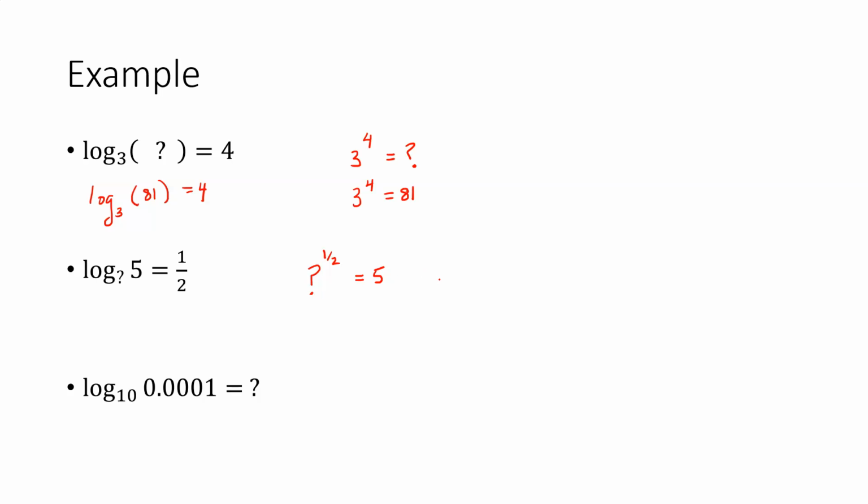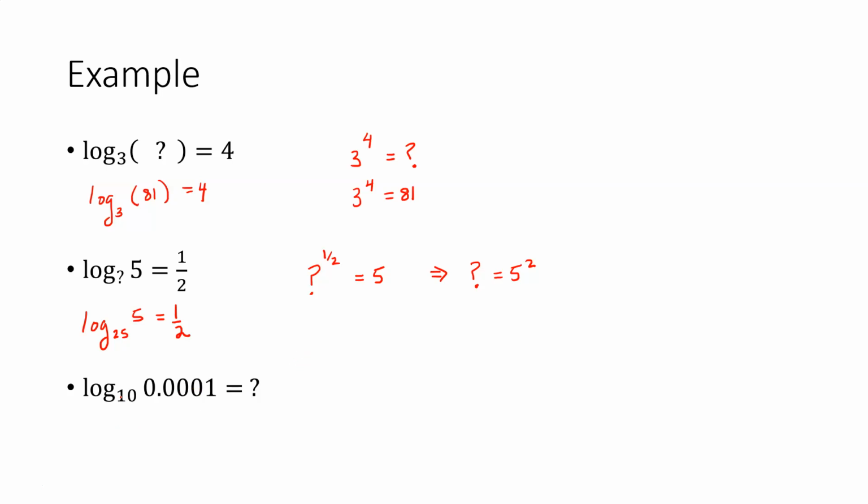So therefore what we're looking for has to be 5 squared. So therefore we would see that log base 25 of 5 would equal 1/2. And we can verify that that's the same as saying that the square root of 25 is equal to 5.